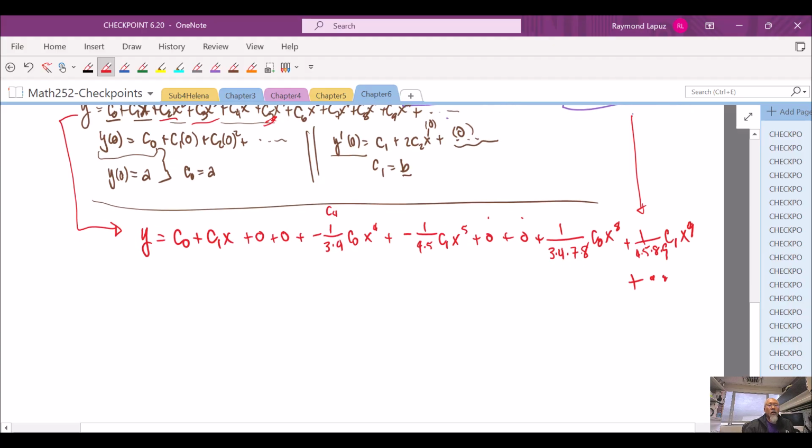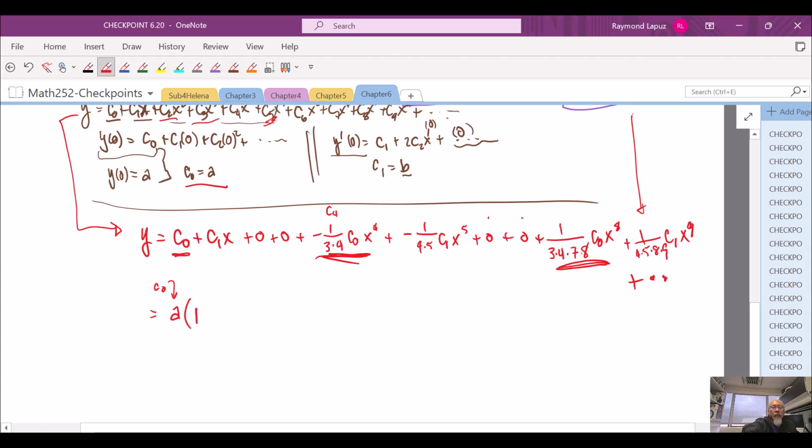So let's replace c sub 0, which is equal to a. And in fact, let's factor them out. So these are the terms with the c sub 0, which is equal to a. Factor that out, I'm going to get 1.